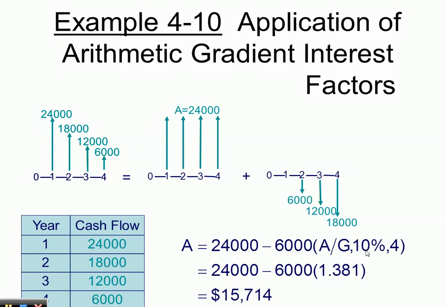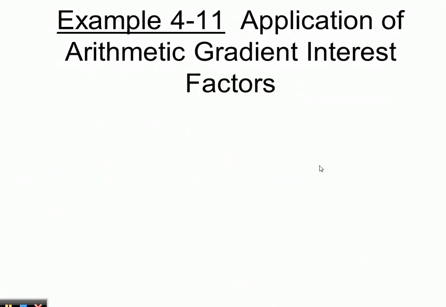The 10% is the interest rate given in this problem, and this is 4 years. Even though it starts at 2, n is still 4, because this is how we expect the gradient amount to start at year n, and then we transfer them into these equal negative amounts.